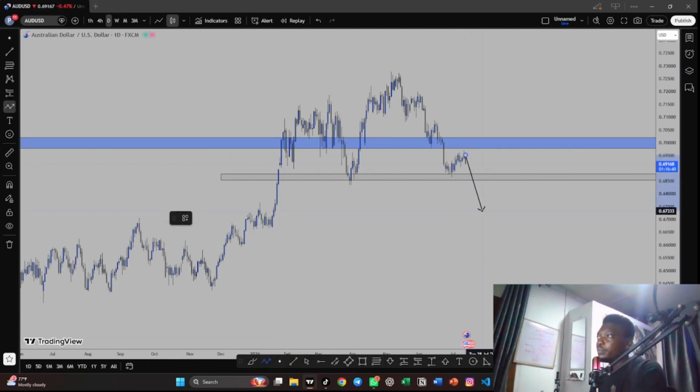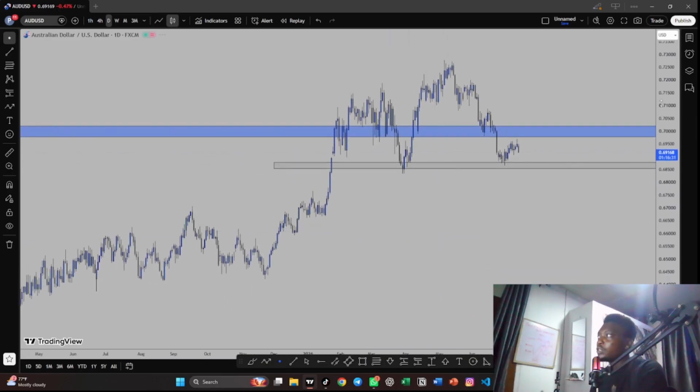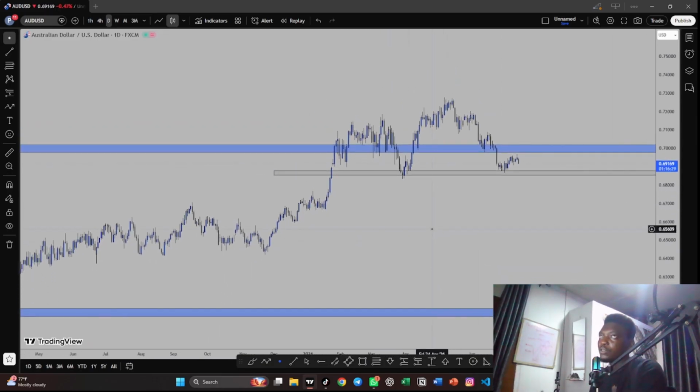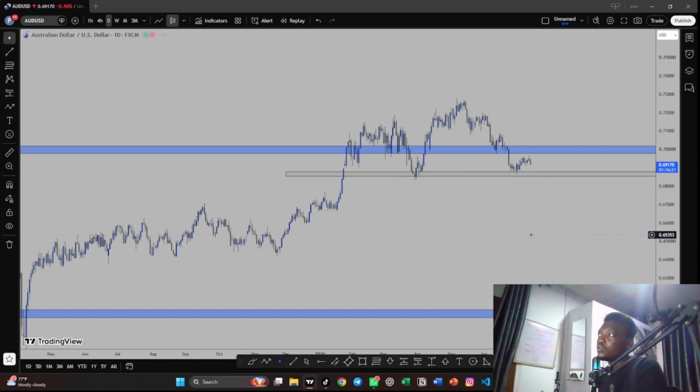So if we break like this, then a retracement back here, and then we can look for sell continuation on AUD USD. For now, I just have to keep my eyes on AUD USD. Before all of this could happen, it might take a week or two. So nothing to do with AUD USD, GBP USD for now.